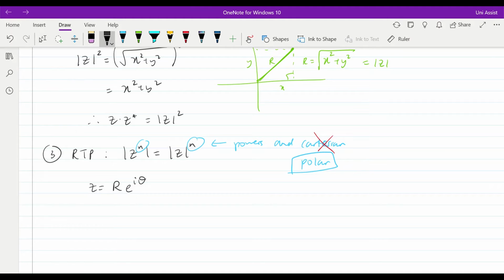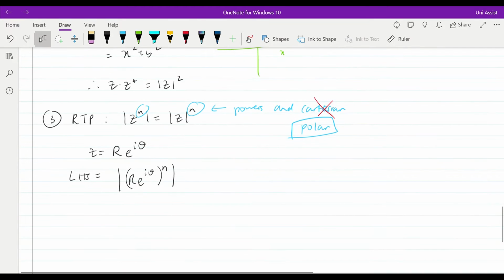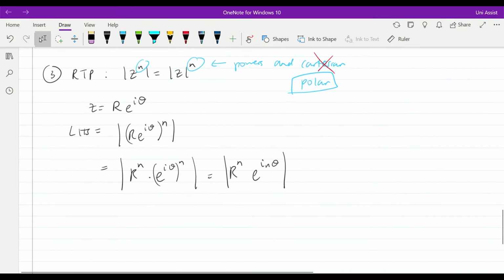Now let's start calculating the left hand side. Here we've got modulus of (r e to the i theta) to the power of n, which is equal to modulus of r to the n times e to the i theta n, and this is equal to r to the n e to the i n theta. And modulus, similar to the Cartesian form, is the length of your complex vector.